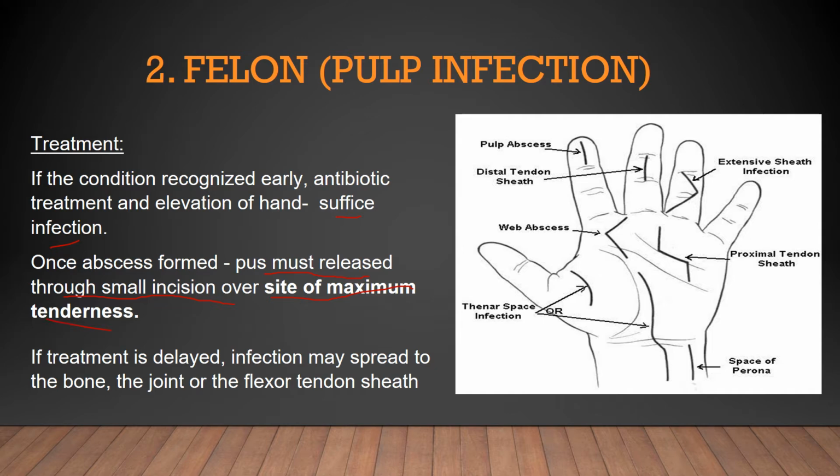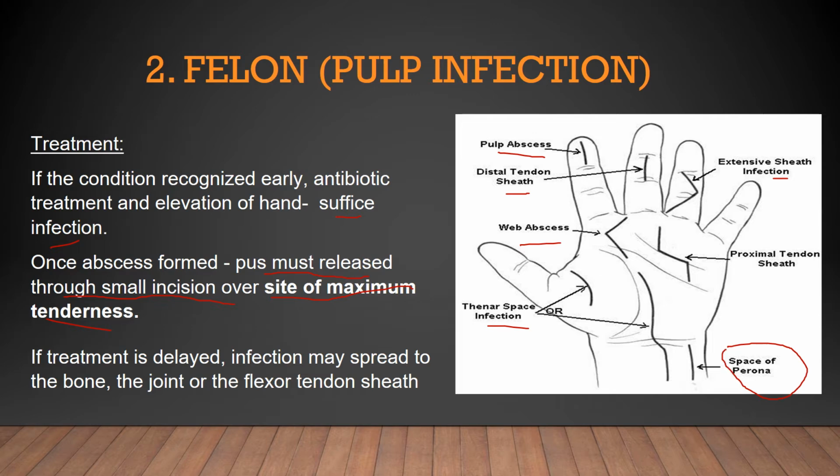So these are the incisions to drain the abscess: pulp abscess, distal tendon sheath, web abscess, thenar space infection, and extensive sheath infection. These are all incisions basically. Another one is the incision at the proximal tendon sheath and the incision at the space of Parona.